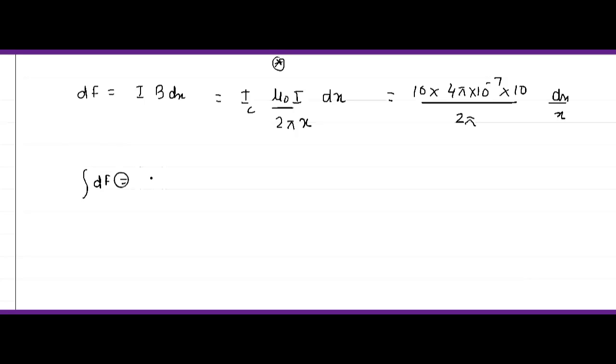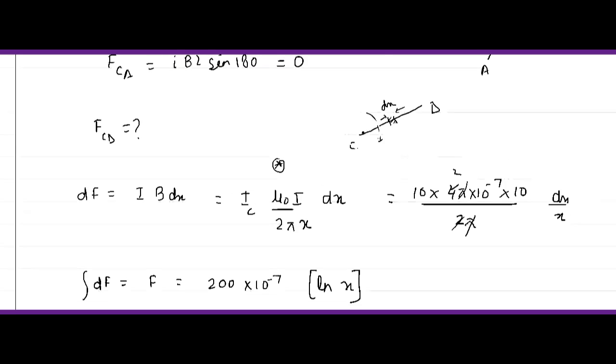So the integration of dF would be F, and we can cancel this pi, this is 2. It would be 200 into 10 to the power minus 7 dx by x. If you integrate dx by x, what is the integration? It is ln x. And what is the limit of x? It varies from the r1 distance to the r2 distance.